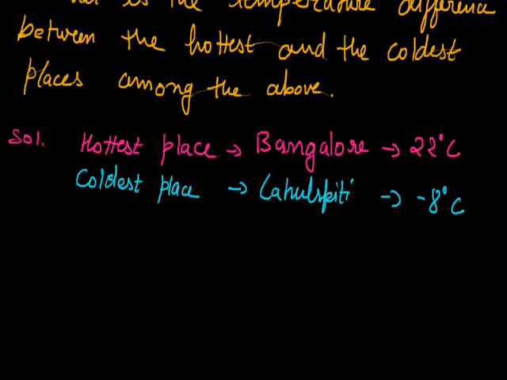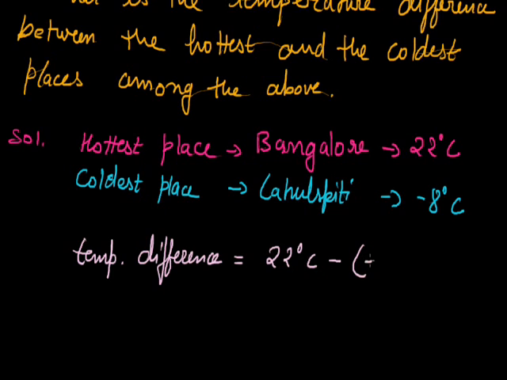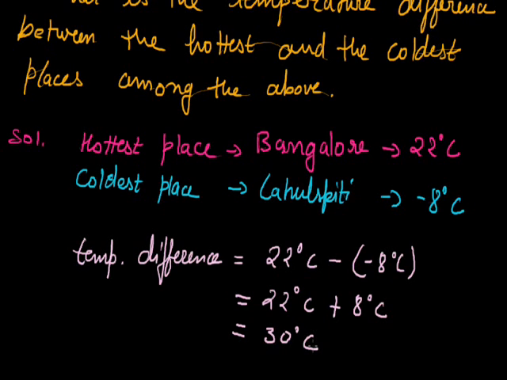So the difference between them is equals to 22 degree centigrade minus minus 8 degree centigrade. That comes out to be 22 degree centigrade, minus and minus becomes plus, 8 degree centigrade, which is equals to 30 degree centigrade. So the temperature difference between the hottest and the coldest place is 30 degree centigrade.